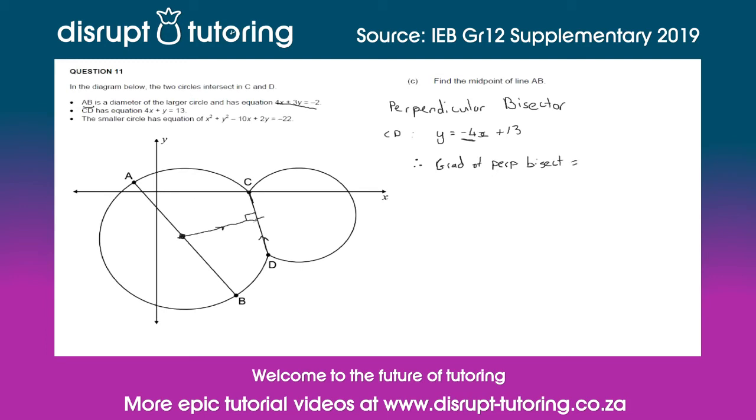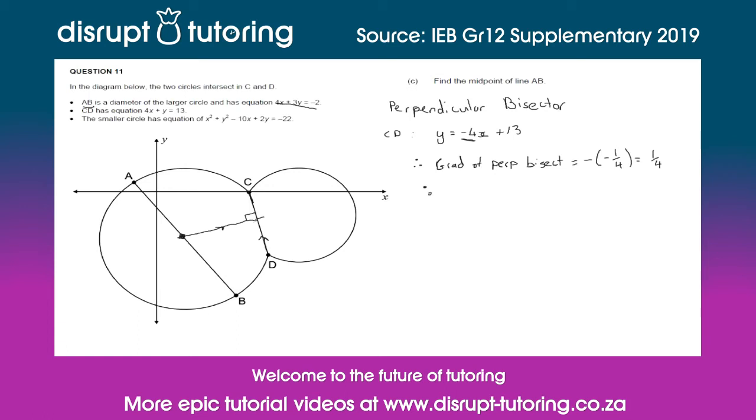So that would be the negative inverse of 4. The inverse of 4 is a quarter, so it's going to equal positive a quarter, because it's perpendicular.